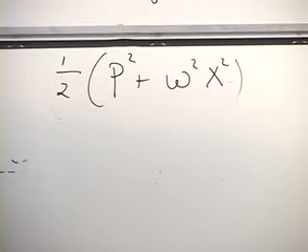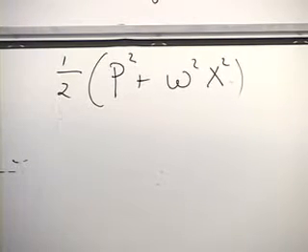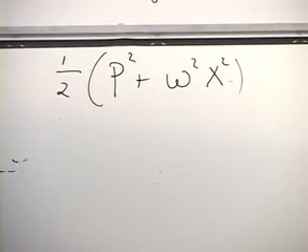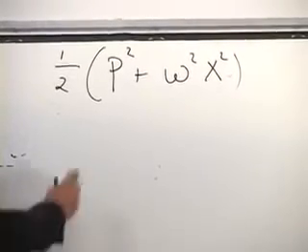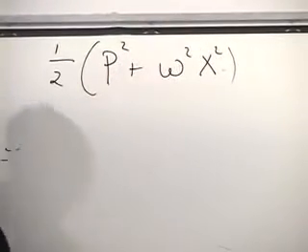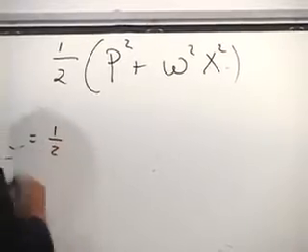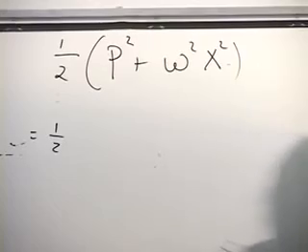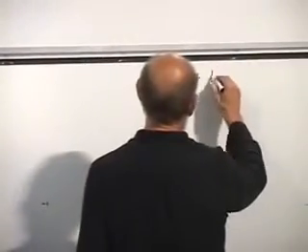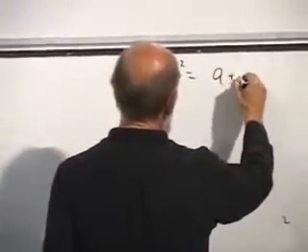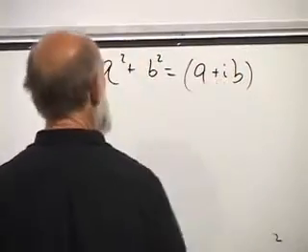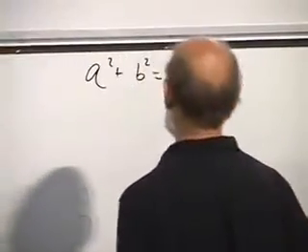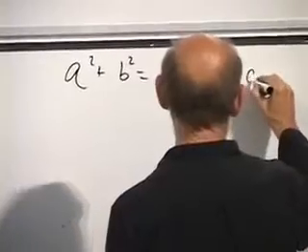Let me do a manipulation which is fair and correct for classical physics, but which requires a little modification for quantum mechanics. So here's the manipulation. This is the sum of squares. So we can rewrite this as 1/2, the sum of squares. I'm just going to use a squared plus b squared is equal to a plus ib times a minus ib.